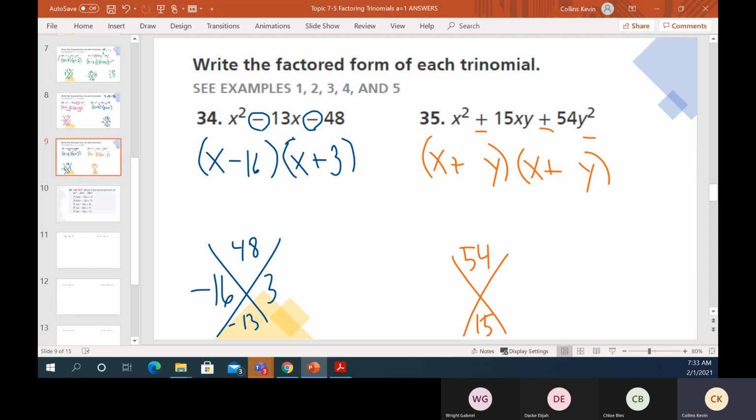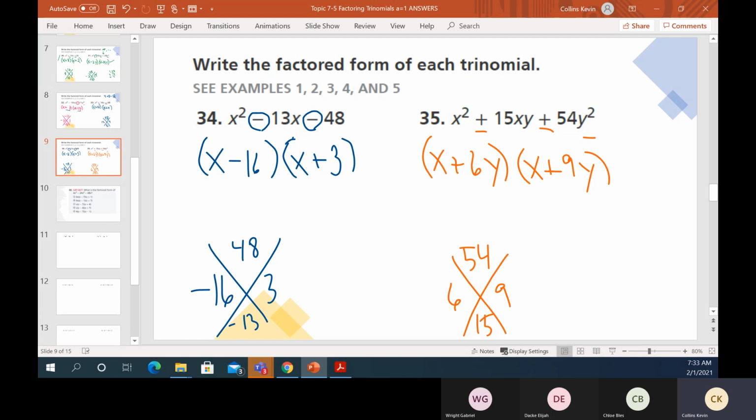So again, if you take your calculator, you do 54 and you divide it by 6, you get 9. So wait a minute. 6 and 9, so I know that multiplies together and gives me 54. And 6 plus 9 is 15. There's our guys. Nice.